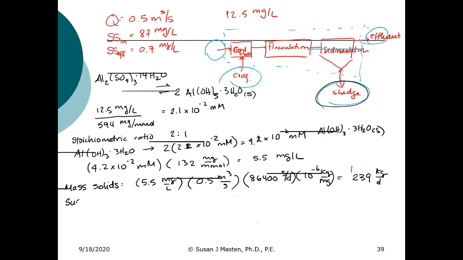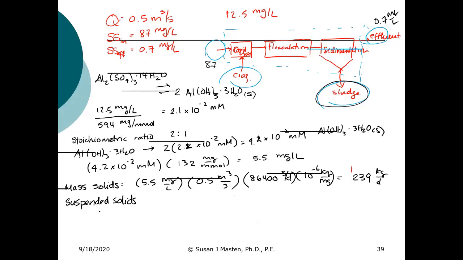In terms of suspended solids, we also want to remove those. We had 87 milligrams per liter, and we have 0.7 milligrams per liter leaving. So remember, you're looking at your mass balance through this system.